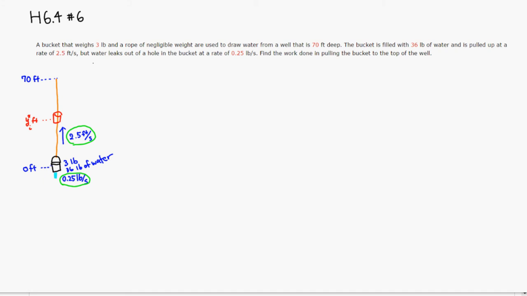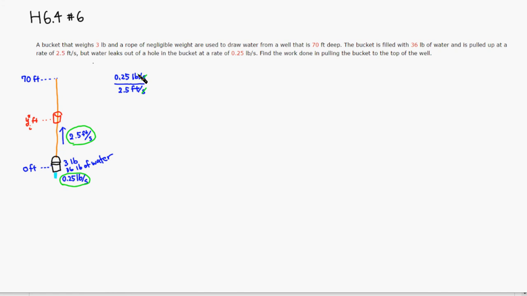So we have 0.25 pounds per second, and we divide it by 2.5 feet per second, since the bucket is going up at that rate. You can see that we can cancel the per second.